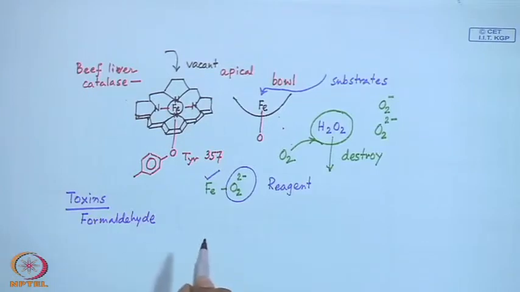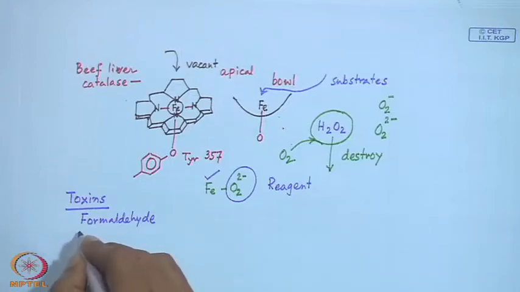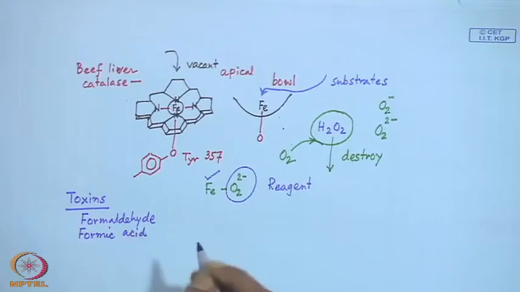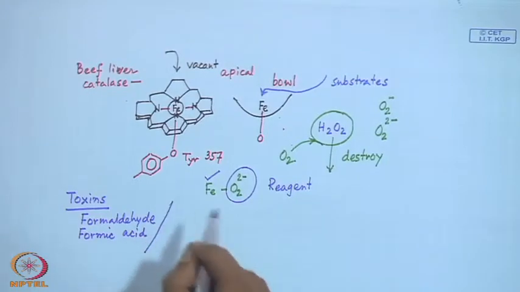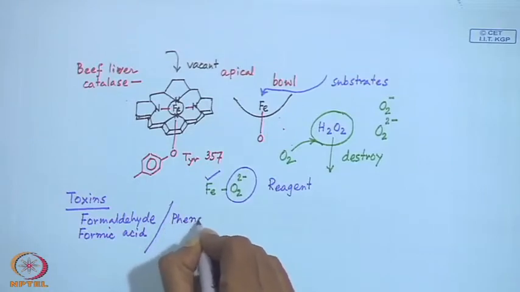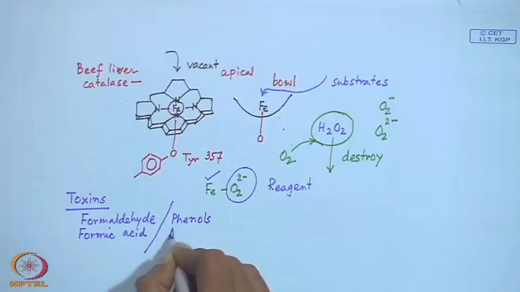Since catalase goes through that mechanism for destroying hydrogen peroxide, we should be able to use that system for the destruction of formaldehyde. We can use it for the destruction of formic acid also, and sometimes for phenols and alcohols.